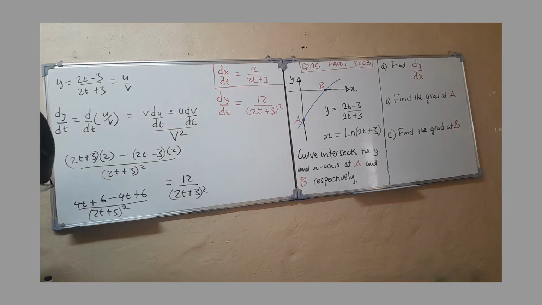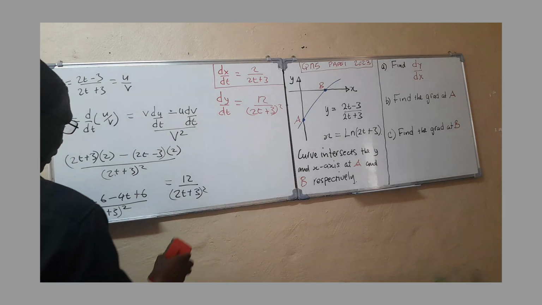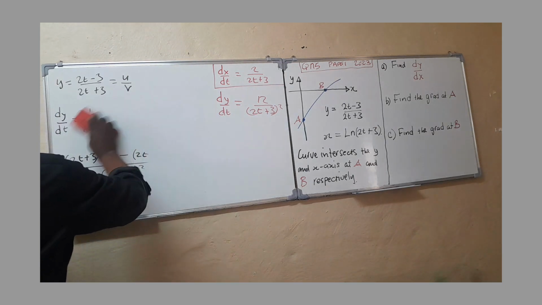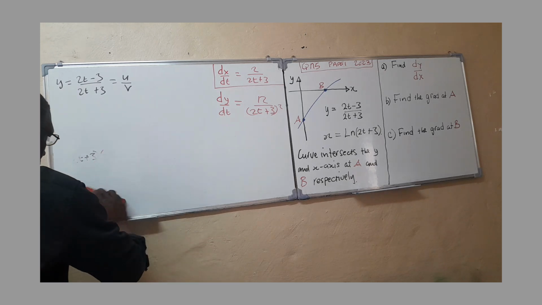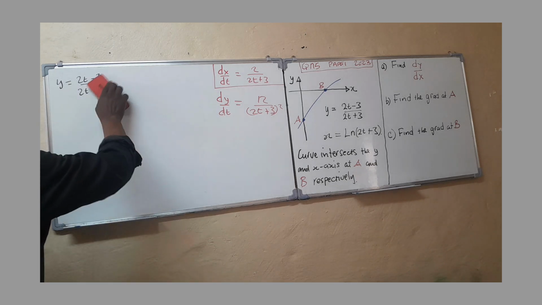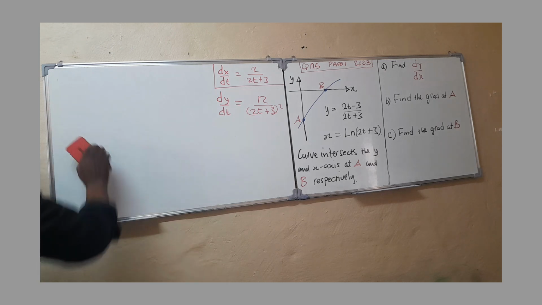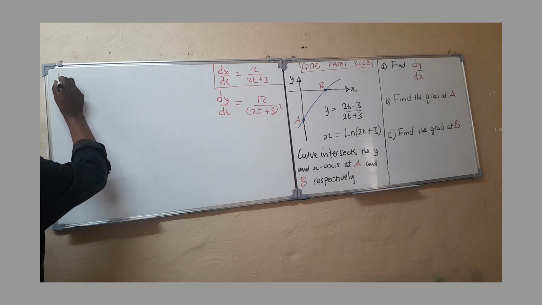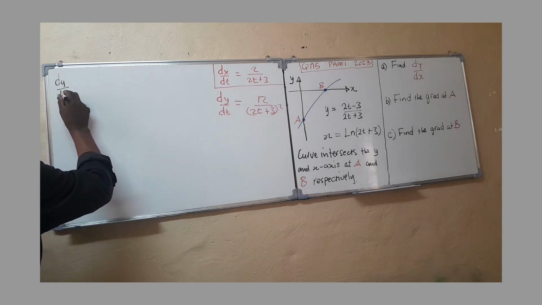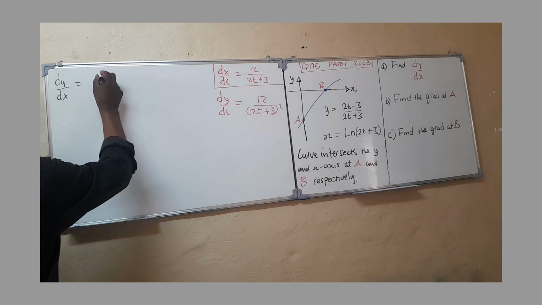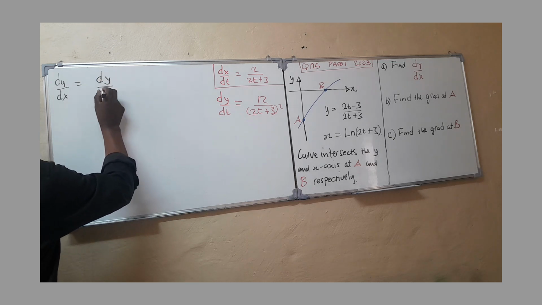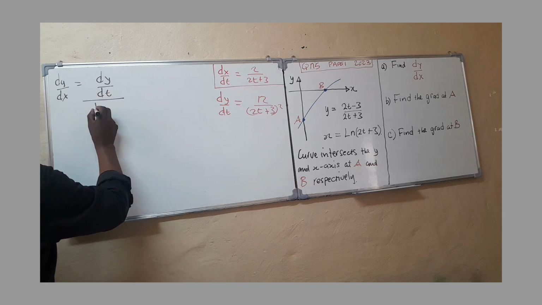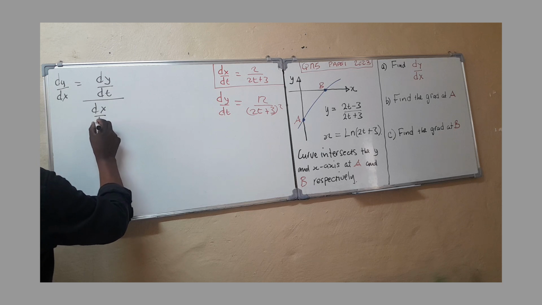Okay, now we are in the parametric differentiation region to get our dy/dx. Now, dy/dx is given by dy/dt all divided by dx/dt.